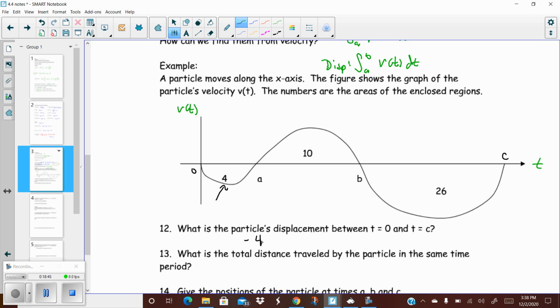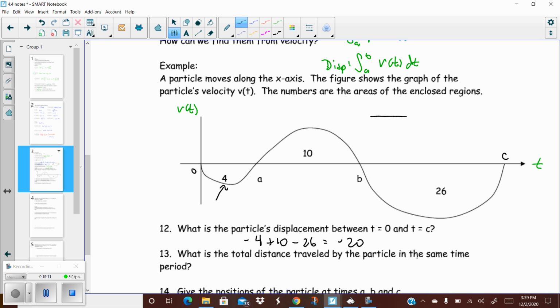So basically it looks like we went backwards 4 units, then we went forwards 10 units, and from B to C, we're going to go backwards 26 units. So that's going to be a -26. So our displacement here, if we add all that stuff up, what is that going to be? -20 units, whatever the units are.